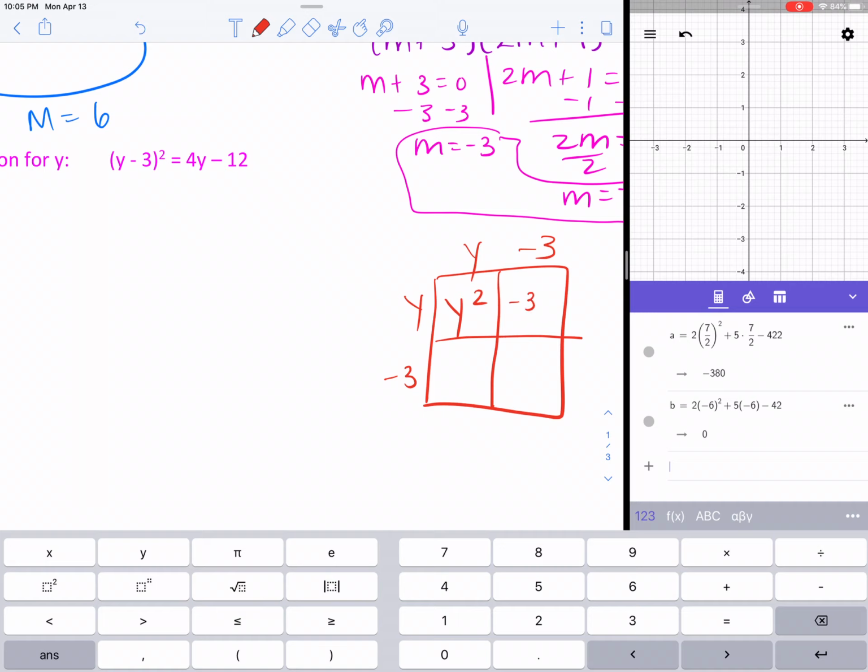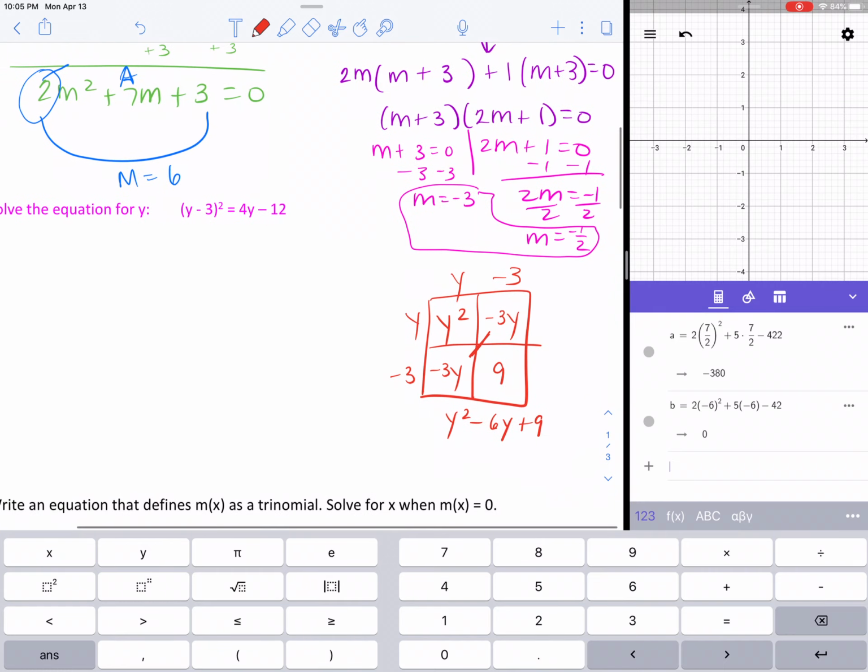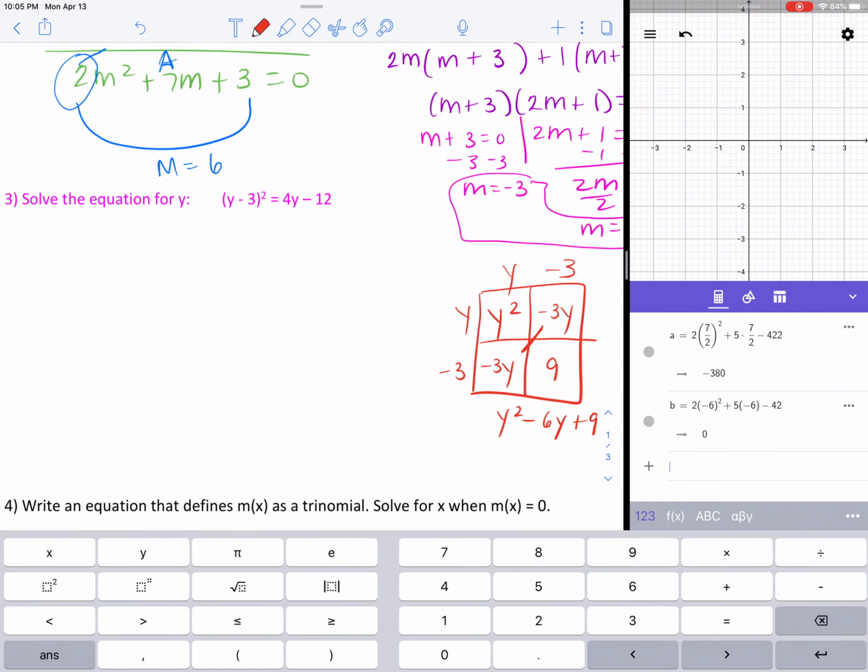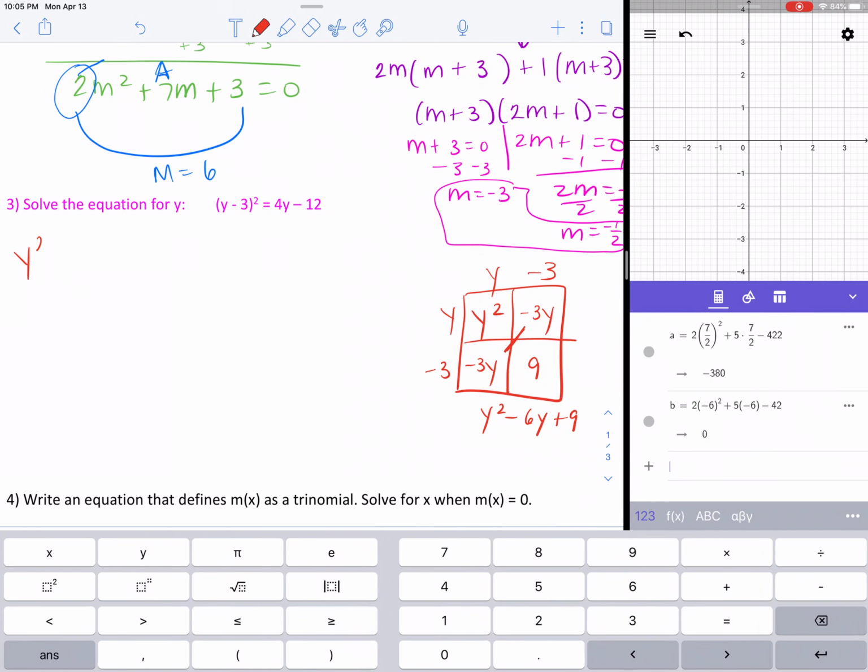So y squared minus 3y, negative 3 times negative 3, positive 9. And I could simplify. Negative 3y and negative 3y is negative 6y plus 9. So I have to bring down that trinomial y squared minus 6y plus 9 equals the 4y minus 12.